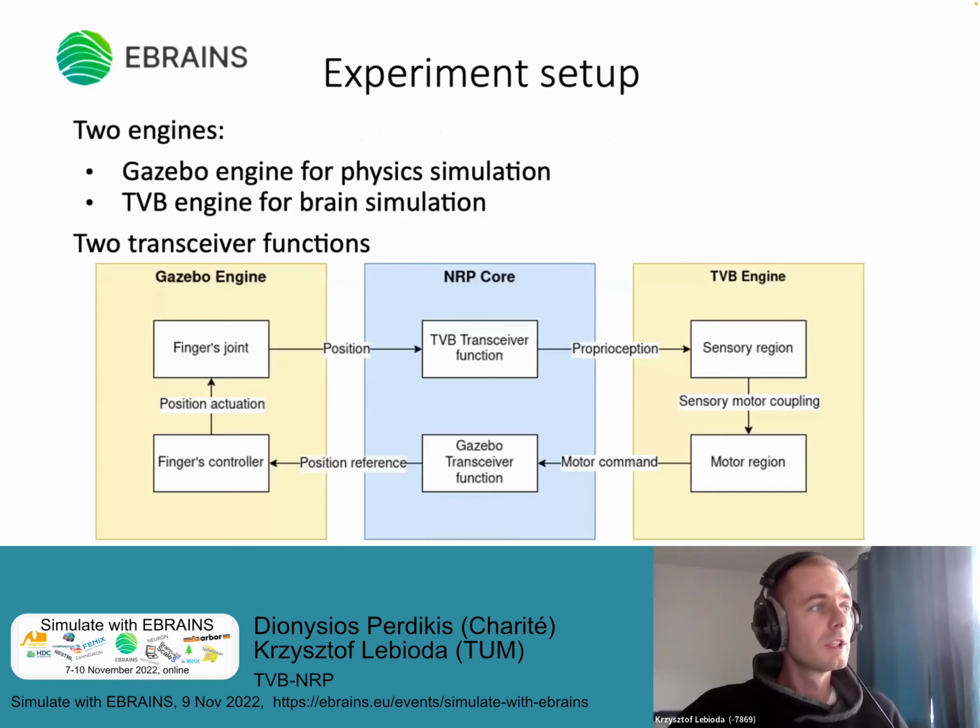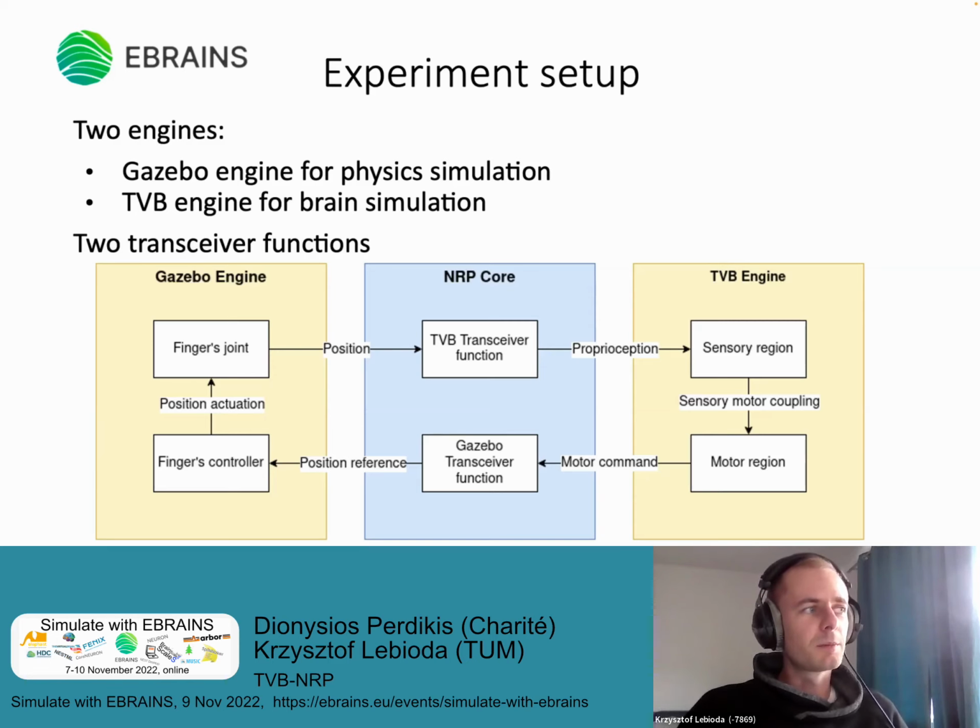Next, please. So in the current experiment, we have two simulation engines. We use the Gazebo engine for physics simulation and the TVB engine for the brain simulation. And we have two transceiver functions that translate the data flowing between the two engines.